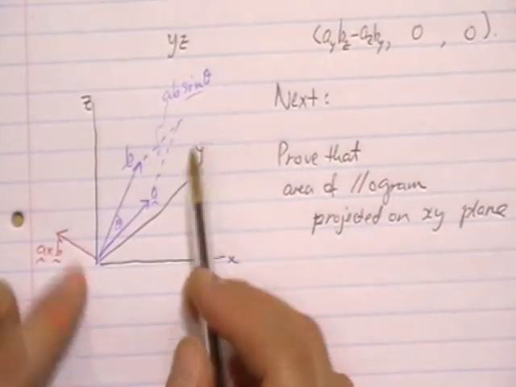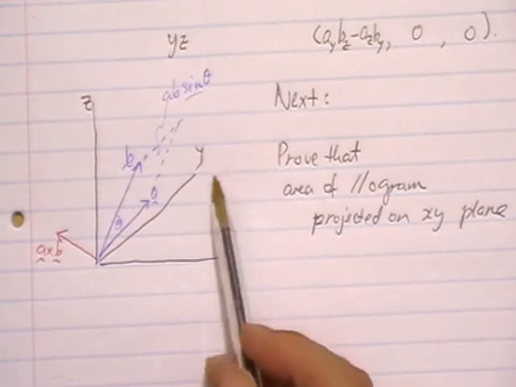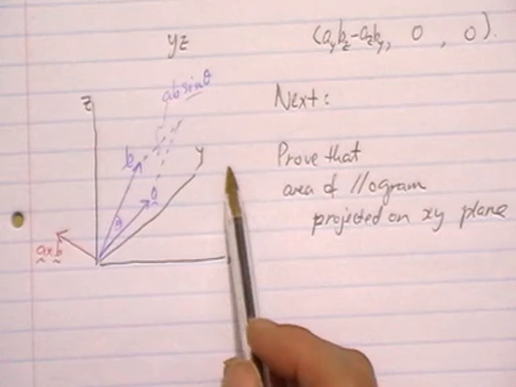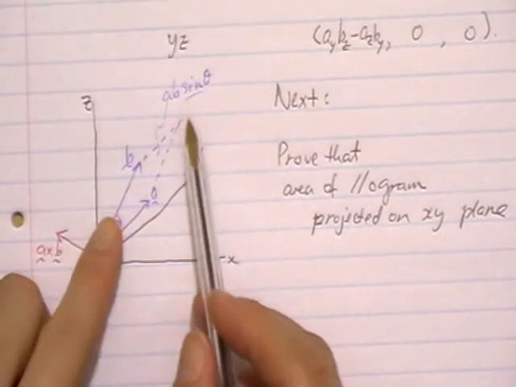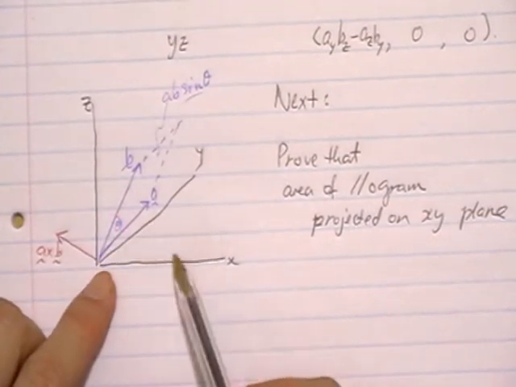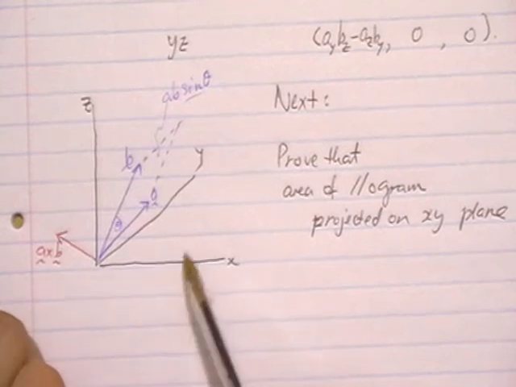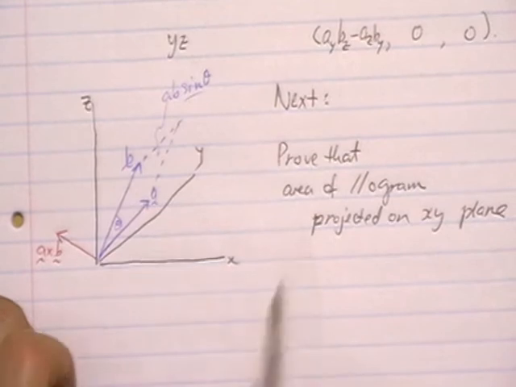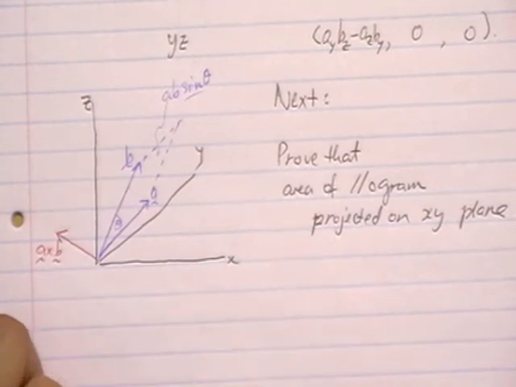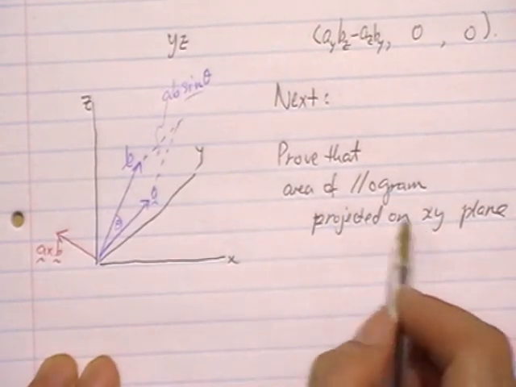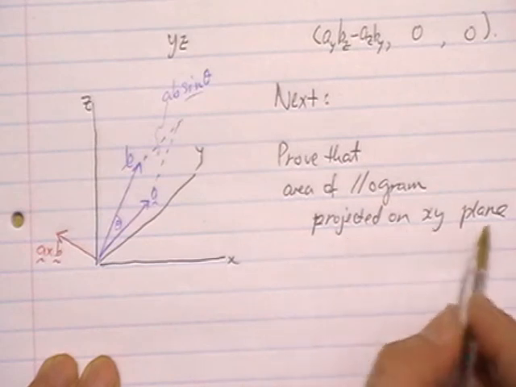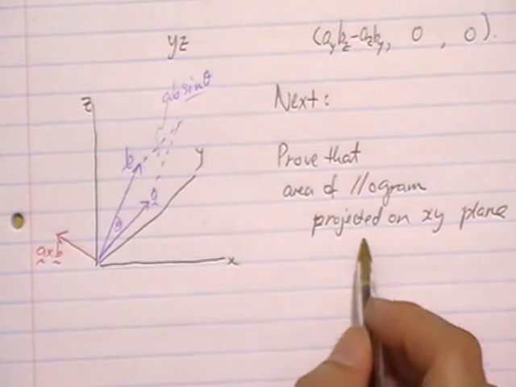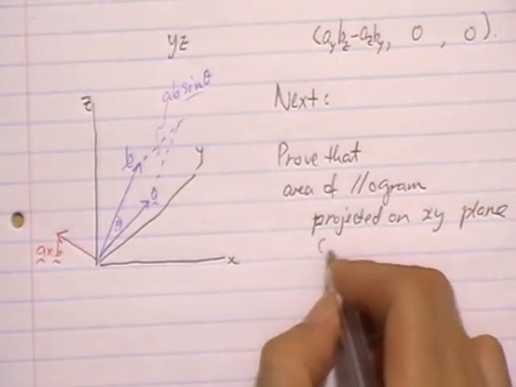Projected means if you imagine the sun shining from the top, the sunlight coming from the top, it forms a shadow on the xy plane. So that's the projection that we're talking about. The area of the shadow is what we're interested in.